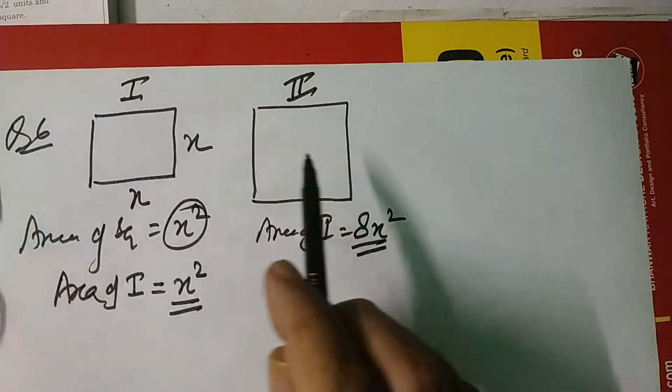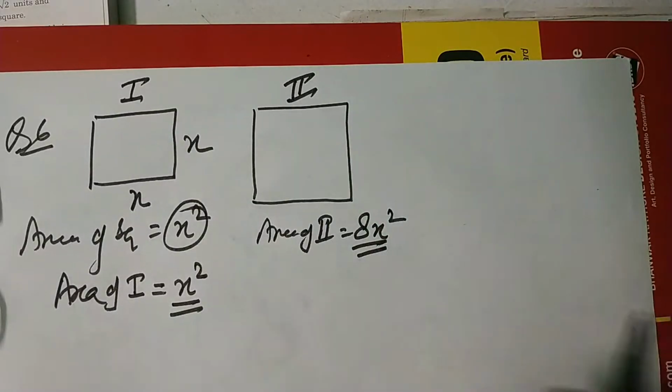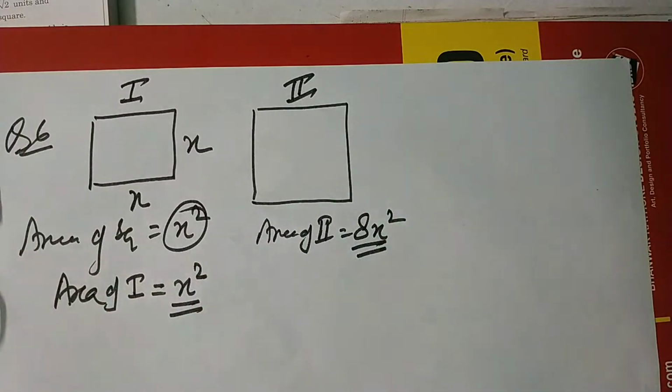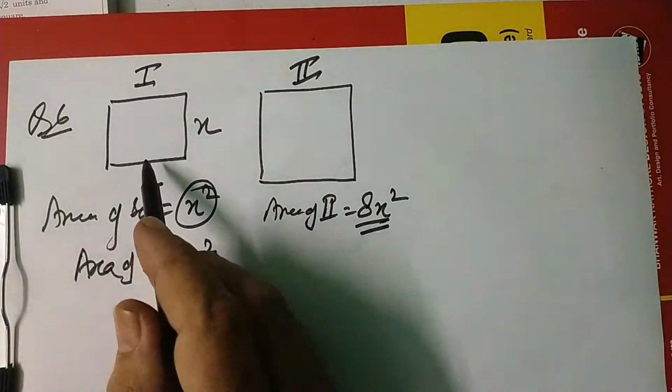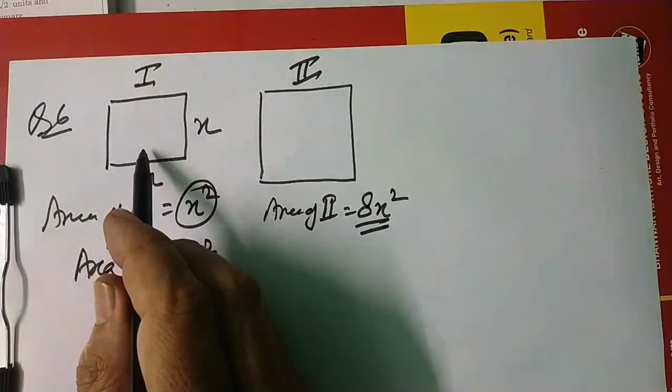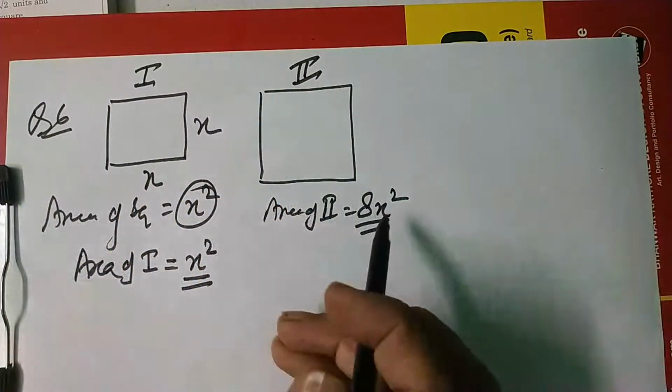The area of the first square is x square. It should become 8x square. How many times will you apply Pythagoras theorem so that the area gives you 8x square?